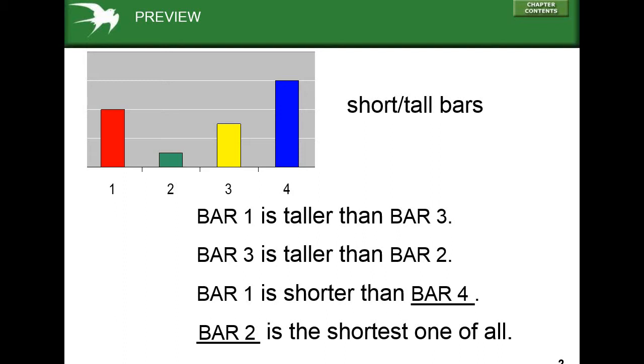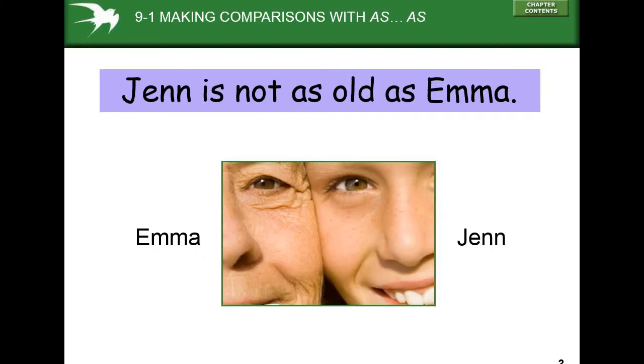So like this, we are comparing two different bars with one another. Now, you see a picture before you on your screen.